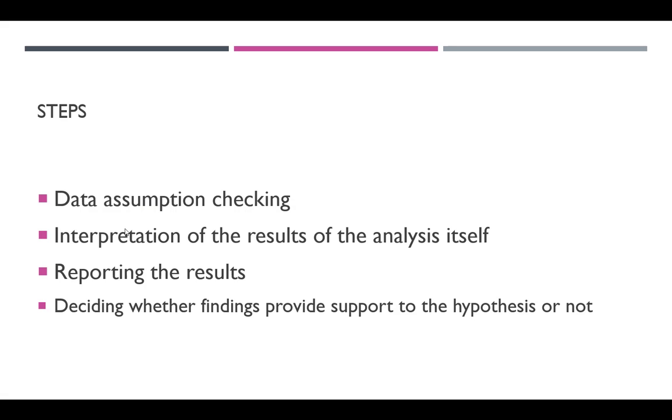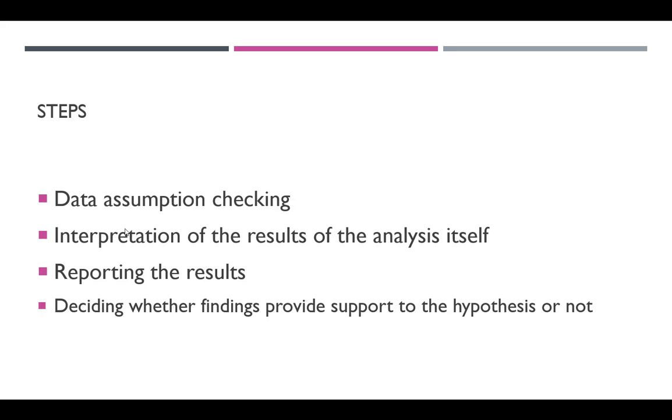So usually how I would approach interpreting my output is to look at things like the data assumption checking first. So I might sift through the output, and for some of the analyses they're in a more straightforward order than others.